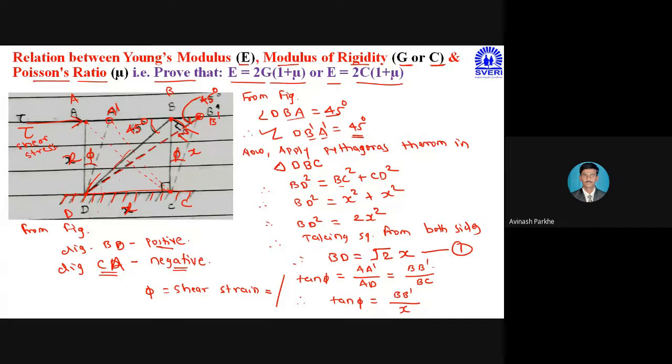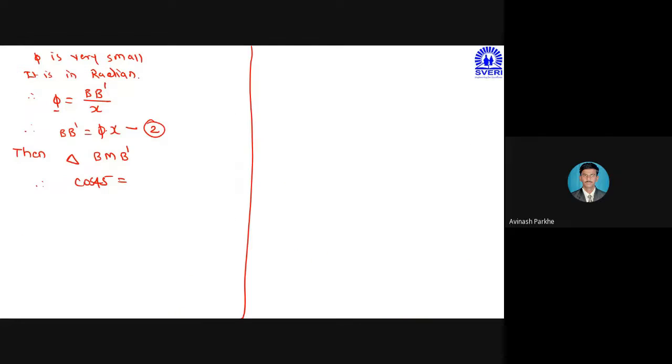Front side upon hypotenuse, or adjacent side upon hypotenuse, or front side upon adjacent side? Just as we said the tan rule, tan phi or tan theta is equal to front side upon adjacent side, similarly, what will be the cos rule? Adjacent side upon hypotenuse.